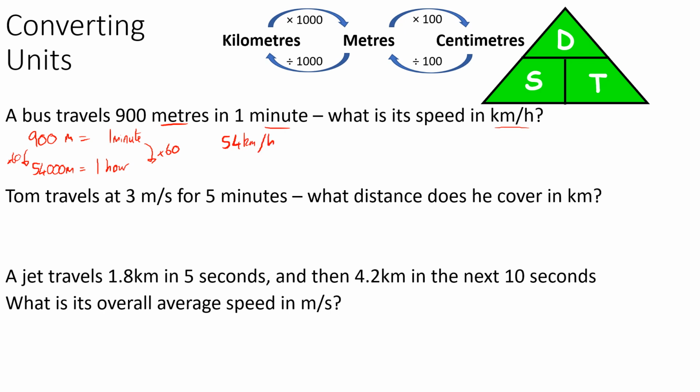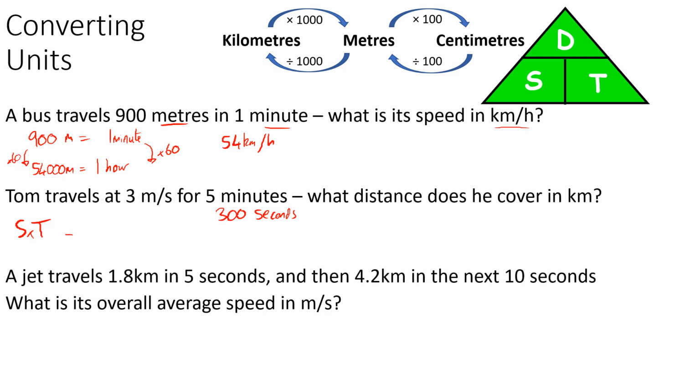What about the second question? Tom travels at 3 meters per second for 5 minutes. Okay, so if we want to find a distance, we need to do speed times time. This is per second and this is per minute. So what we need to do is convert them to the same. I think it's probably easiest to change this to seconds, just times it up by 60. And then we can do what we want to do.